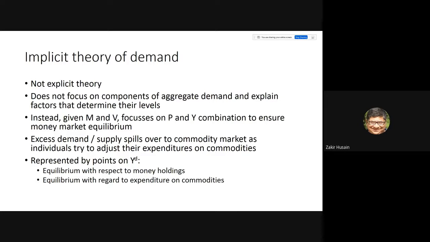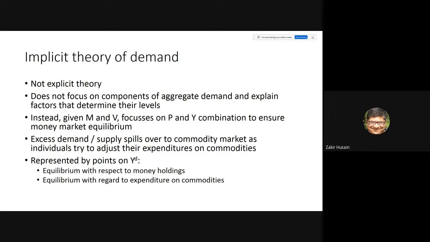Instead, given M and V, and remember V is supposed to be constant, M is a policy variable. Given M and V, we focus on the price-output combination which will ensure that the money market is in equilibrium.